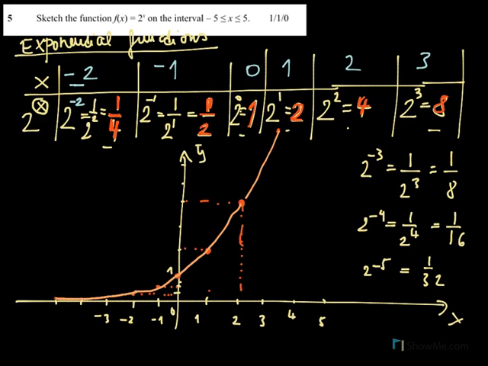So I would continue for 3, 4, and 5. 2 to the 5th power, that's just 32. So either make your graph with a different scale for the x and y axes, or I think it's just enough for you to write the values here so that I know what the outputs are for 4 and 5.